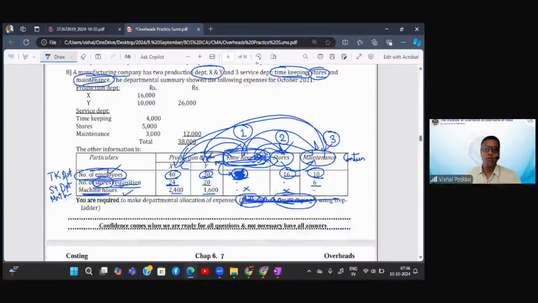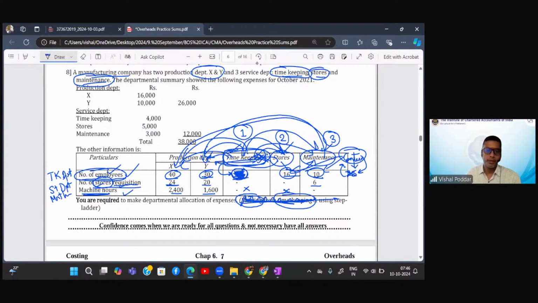Now, I want to distribute canteen expenses to all. Again, the ratio I will use is employees. And let us say there are 25 employees in canteen who are going to eat in the canteen only. It means canteen department is providing some service to its own employees also, besides giving service to other employees. Now the question is, will I still charge to myself?